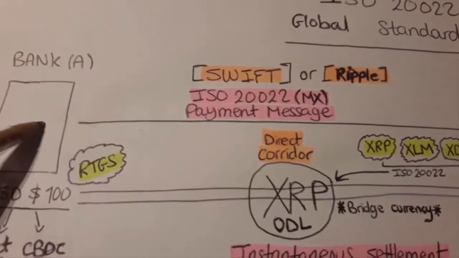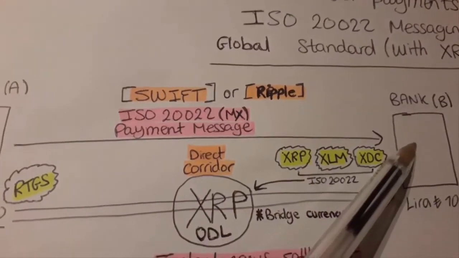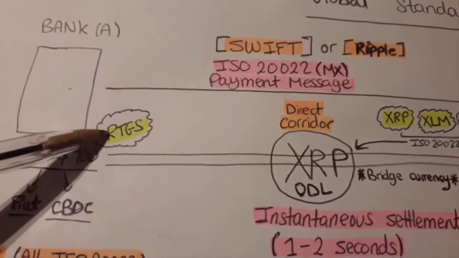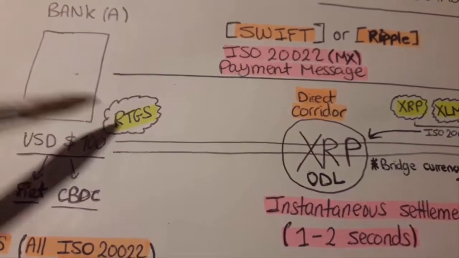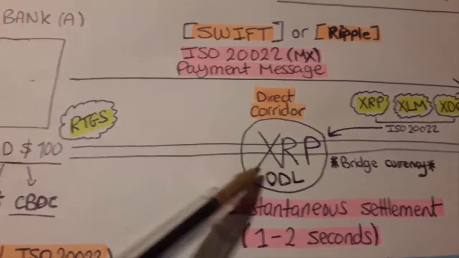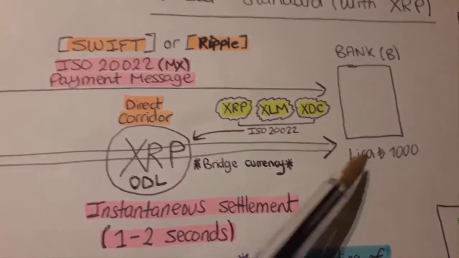So first, the bank sends over a payment message to bank B. Then the bank uses the Ripple RTGS, the Ripple blockchain, to make a direct corridor between the American bank and the bank in Turkish lira.